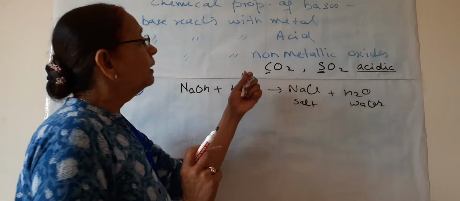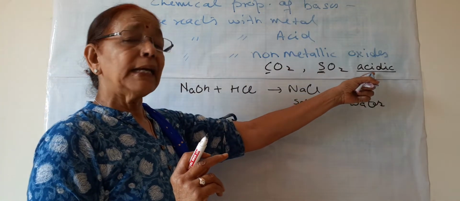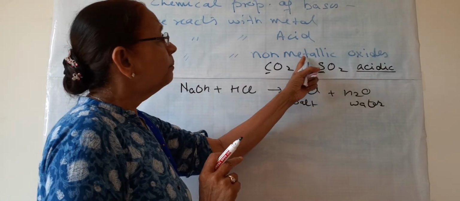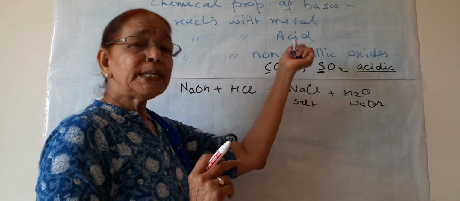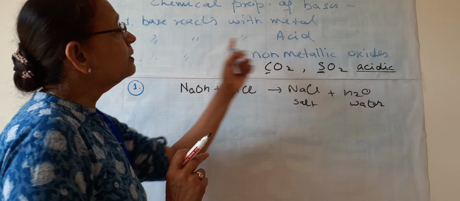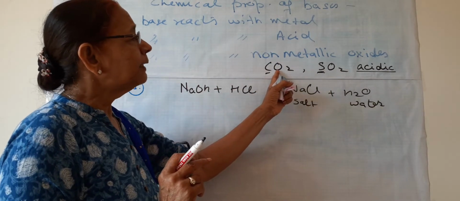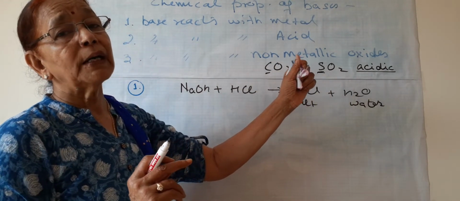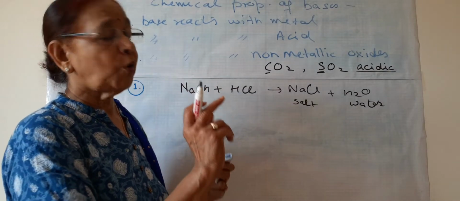Remember this, that non-metallic oxides are acidic in nature, whereas metallic oxides are basic in nature. As they are acidic in nature, this base can react with non-metallic oxide to form again salt and water.